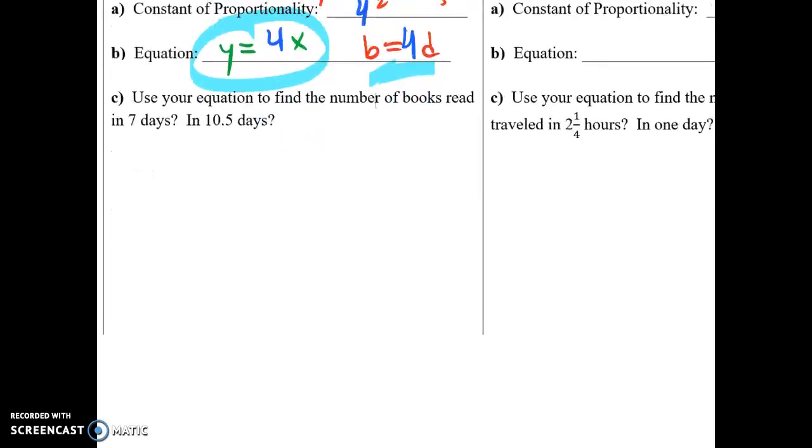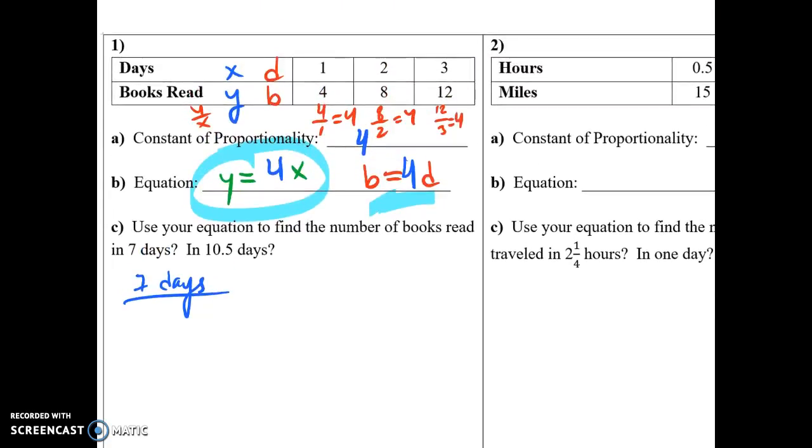To answer question C, use your equation to find the number of books read in 7 days and 10.5 days. Let's take one at a time. The first thing they're giving us is 7 days. Do the 7 days represent our x or y? When looking at the table, we have days as our x row.